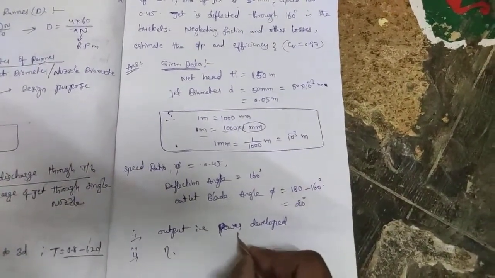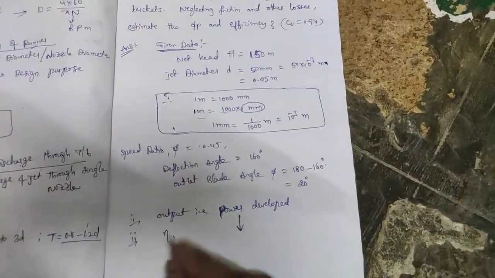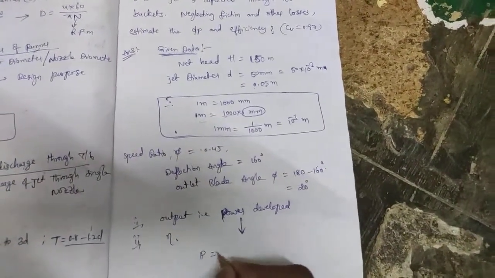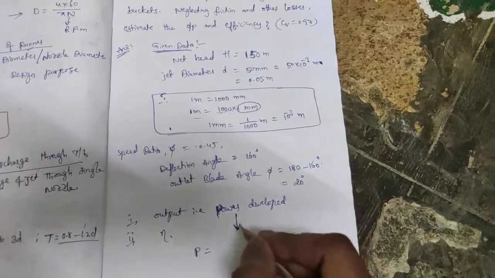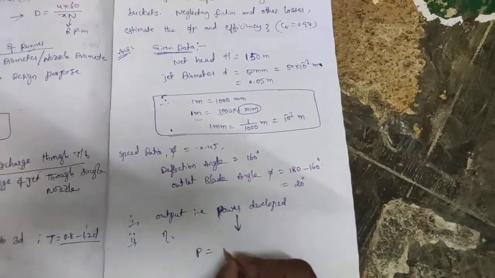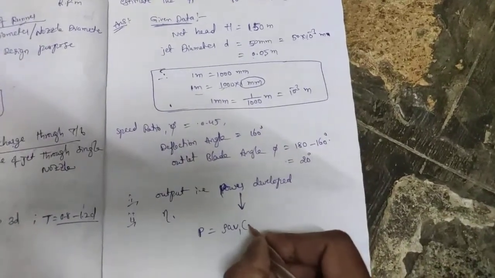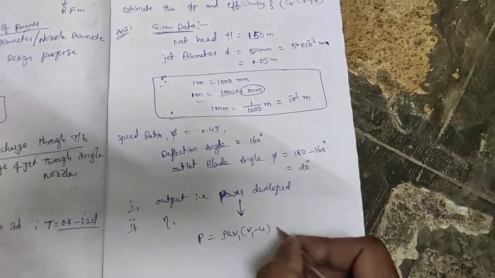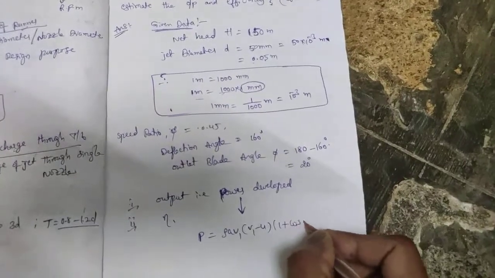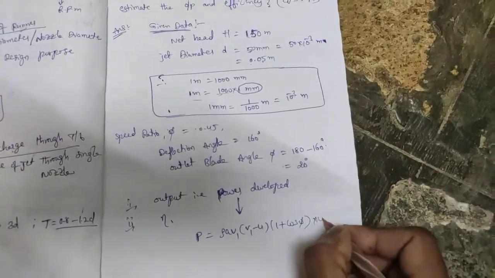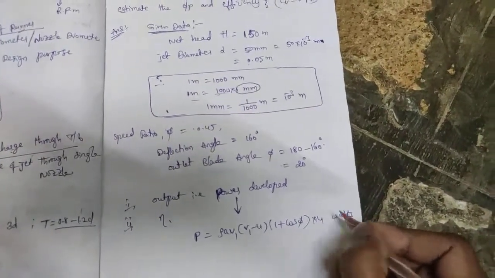As we know, what is the formula to calculate the power developed? That is P is equal to power developed, which means work done per second. That means rho A V1 (V1 minus U)(1 plus cos phi) into U watts.